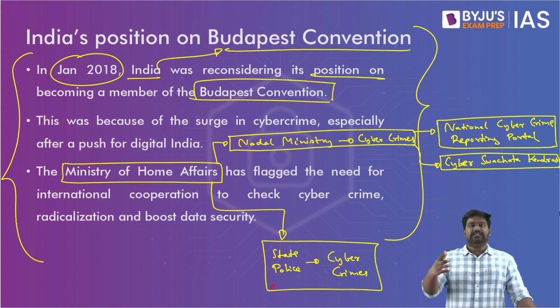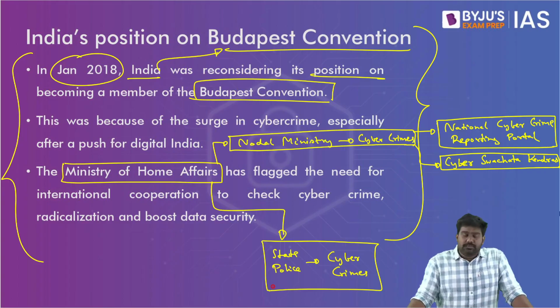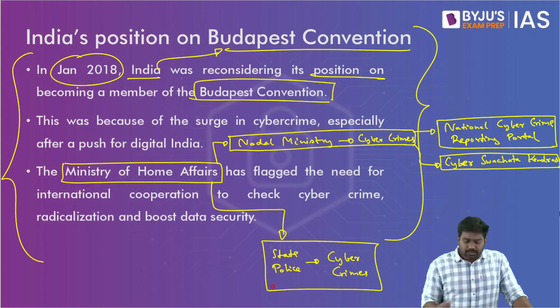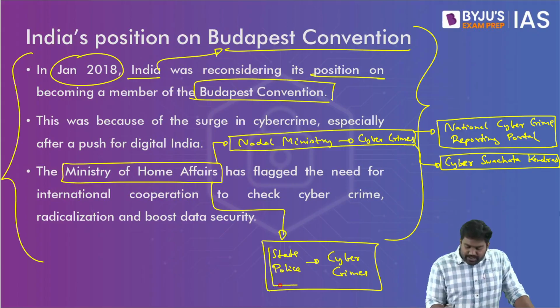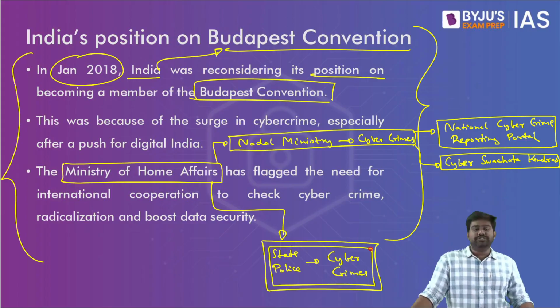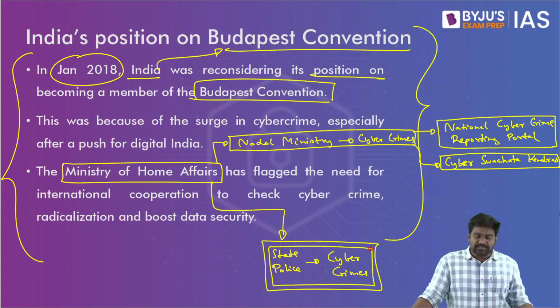Every state will have these dedicated cyber police stations, or even regular police stations might be equipped with the capabilities to deal with cyber crimes. So the MHA coordinates with the state police forces and the cybercrime units to tackle cyber crimes in the country, which is becoming an increasing threat. So it has all these initiatives to deal with cyber crimes.